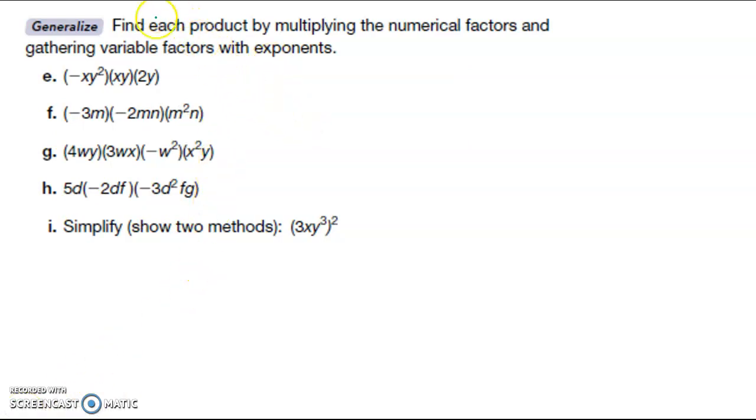It says find each product by multiplying the numerical factors and then gathering. Okay, same thing. They've just added another thing here. So we have negative 1, we have positive 1, and we have 2. And then for our variables, we have x to the 1 times x to the 1. You can see I'm grouping my x's and then grouping my y's.